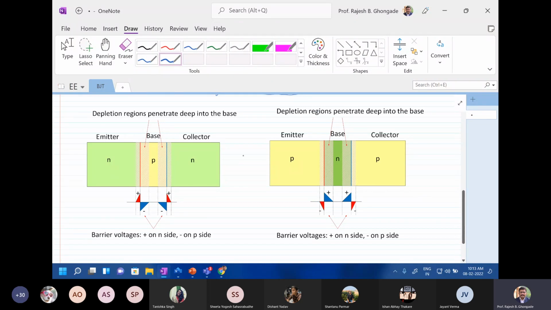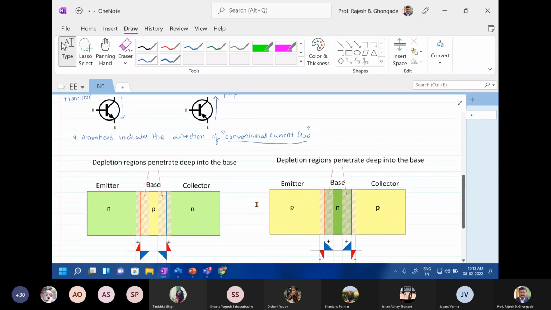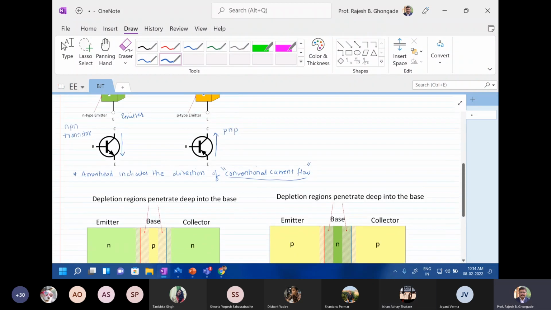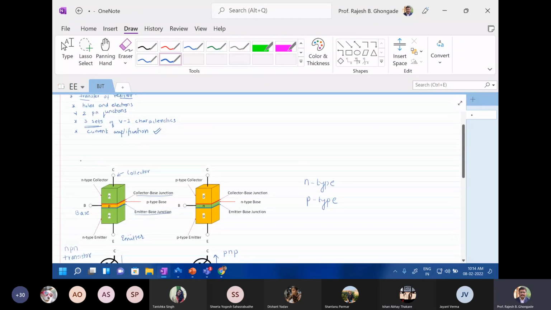Okay. Now, the interesting thing is that the semiconductor materials are not equally doped. Please remember one thing. So I'll write here one more thing: junction semiconductor material is not equally doped.